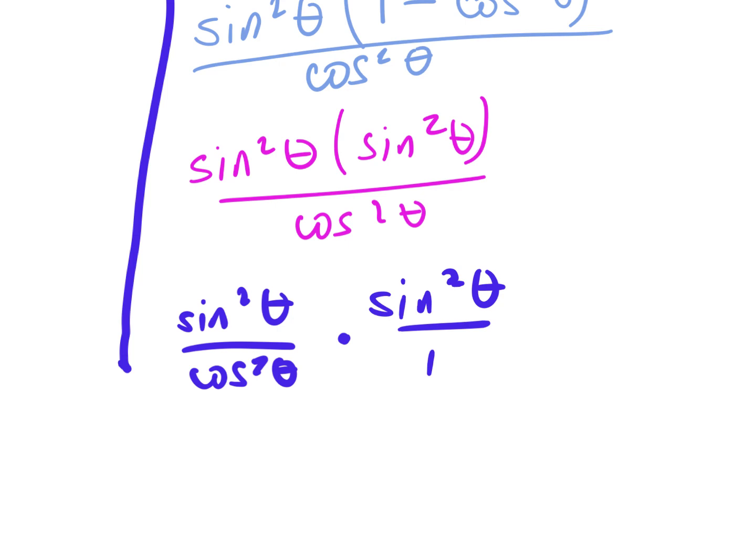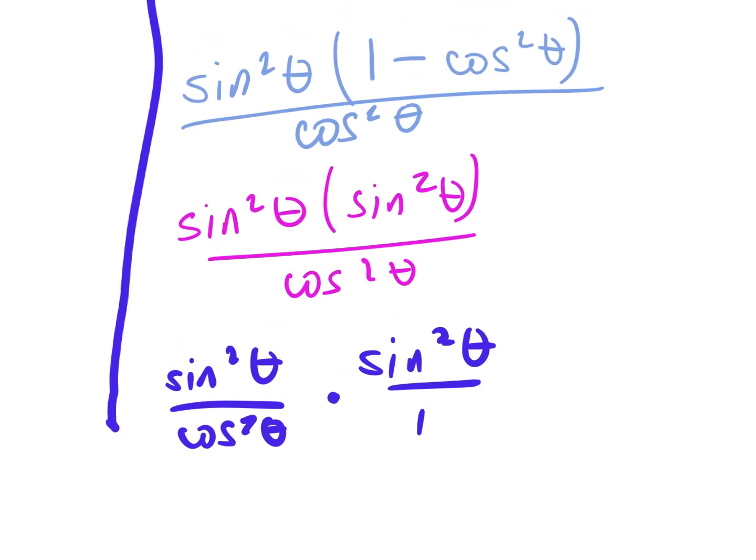If I multiplied cosine squared times cosine squared, I'd get cosine to the 4th. When you have all multiplication and you want to split it up, just put the denominator with one of the numerators. Then the other one gets a 1 underneath it. If there's a plus sign, they both get the same denominator. But multiplying, you just stick the denominator with 1.